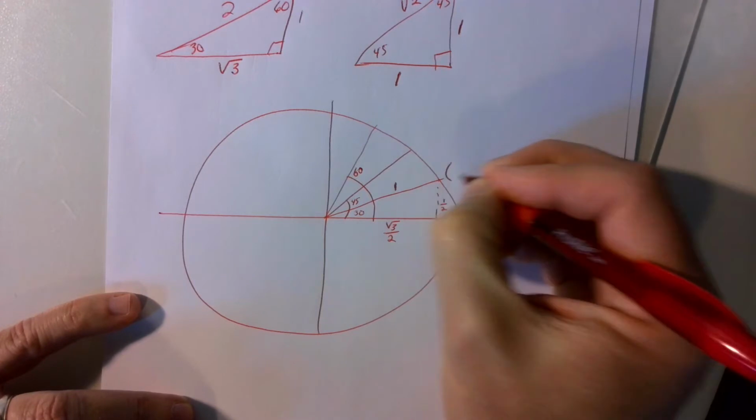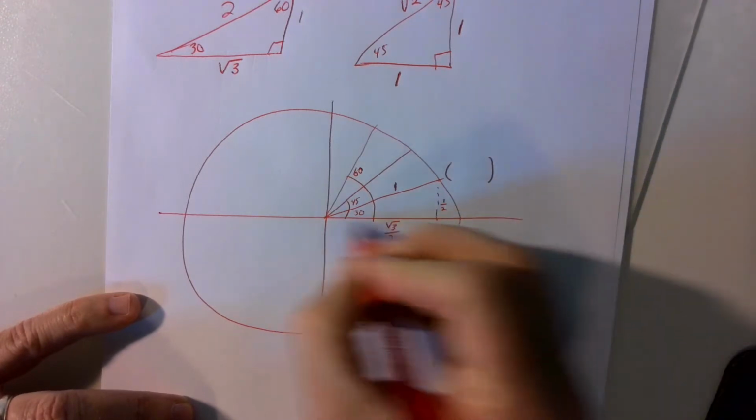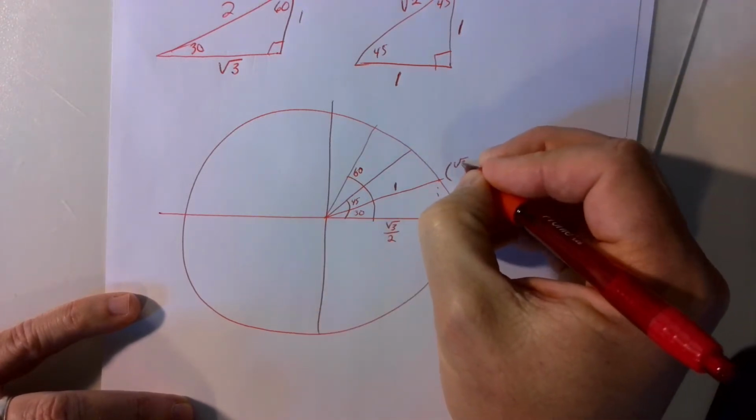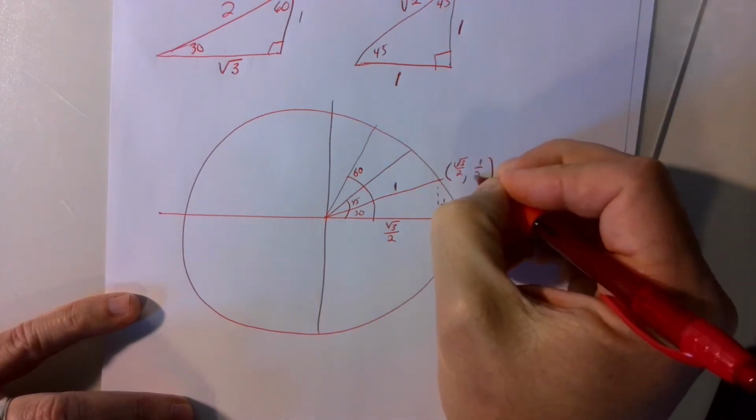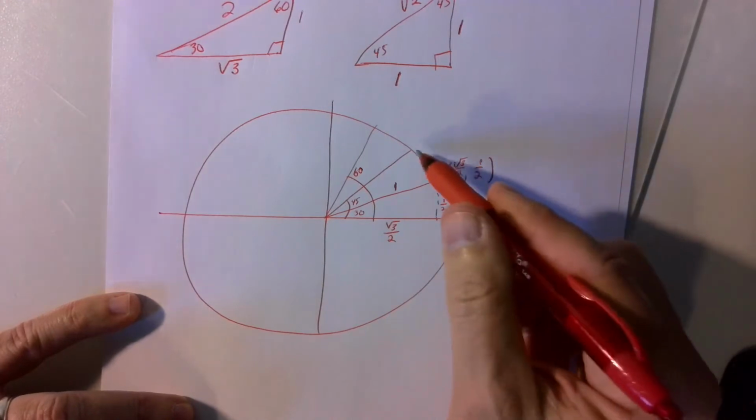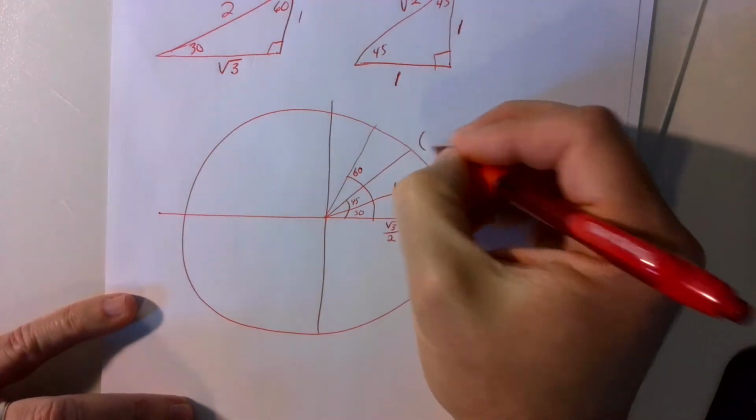So we know that that coordinate has an x value of root 3 over 2 and a y value of 1 half.